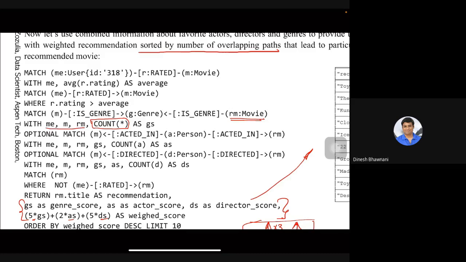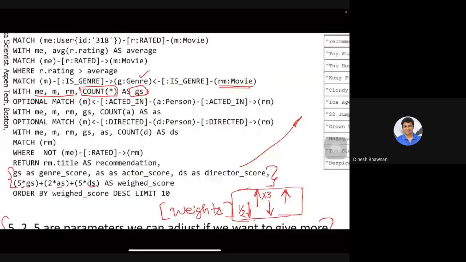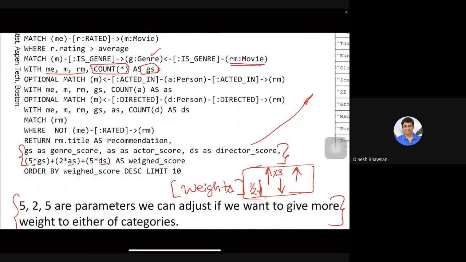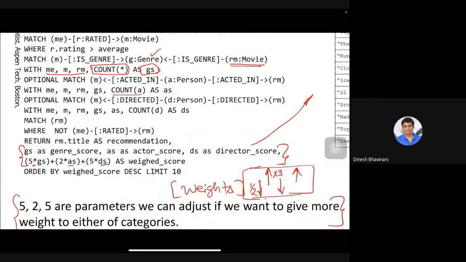You're going to count for that, and you're going to keep it as genre score. So wherever all genre has come, genre score. Put it inside GS. Then you are going to count the number of actors, put it inside AS, count the number of directors, put it inside DS.